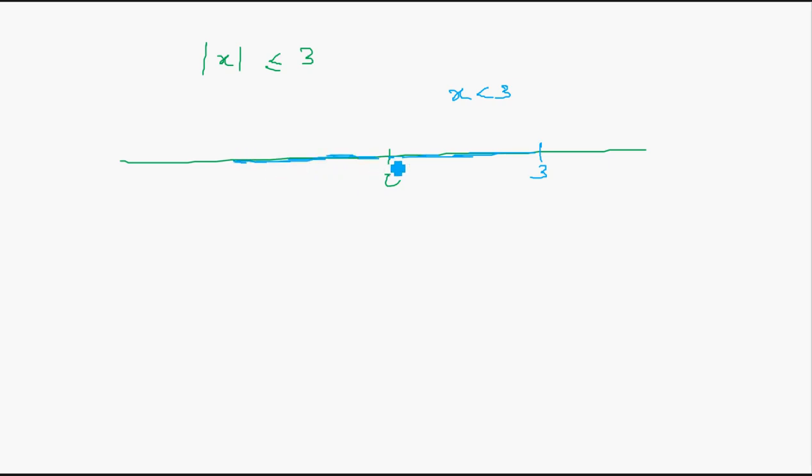Suppose I have mod x is less than or equal to 3. Okay, this is the origin. Then what all numbers will come? Suppose this is 3, then all these numbers, right? So all numbers that are less than 3 will come, and to this side we will have all numbers that are greater than minus 3. Now we cannot represent this separately. I mean, we can represent it, obviously, we can say all numbers less than 3 and all numbers greater than minus 3.